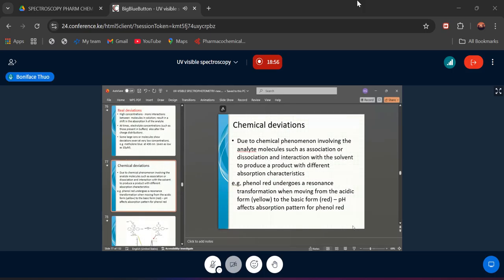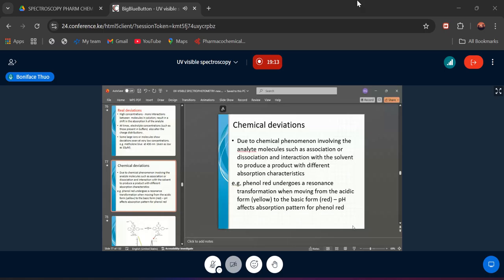The next set of limitations are the chemical deviations, and these result from chemical phenomena such as ionization, which is association and dissociation of molecules.